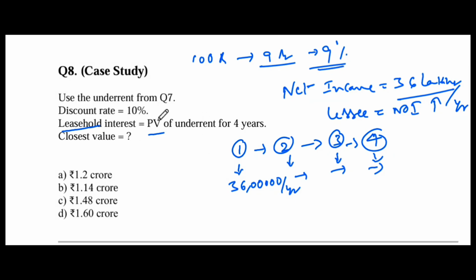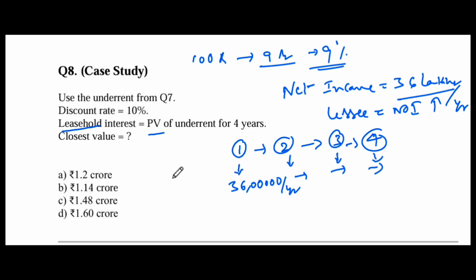So here the discount rate will be 10%, meaning he is getting a return percentage compared to the investment. What is the investment he put? Right now we are going to calculate. So he will get a benefit of 10% every year. Now the return percentage compared to the investment is 10%. Just as we have discussed in the previous problem.